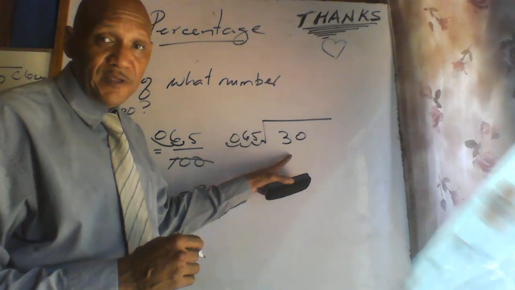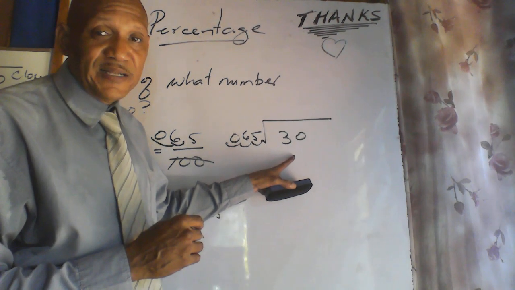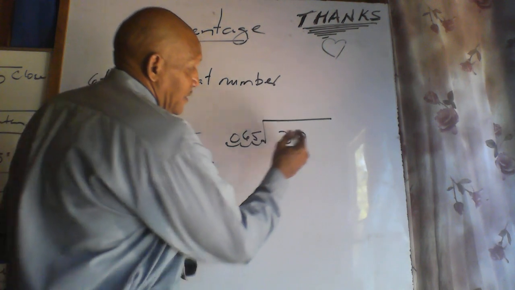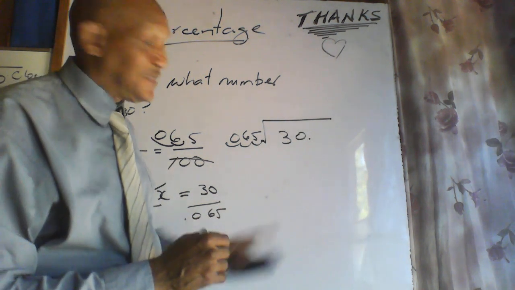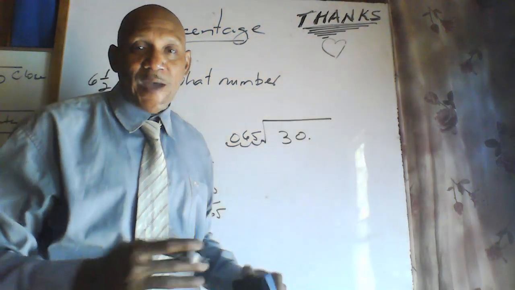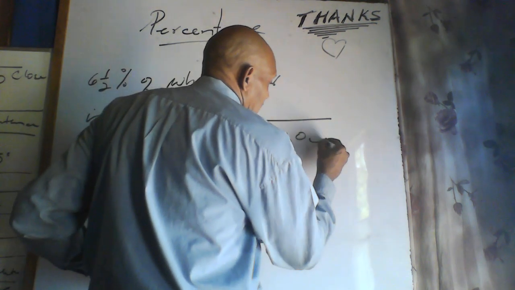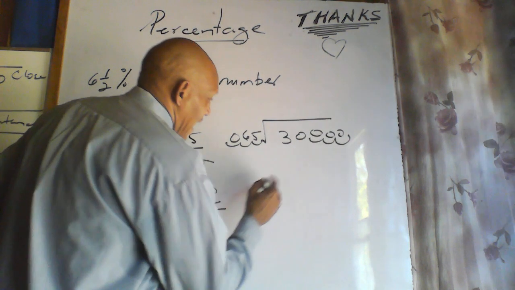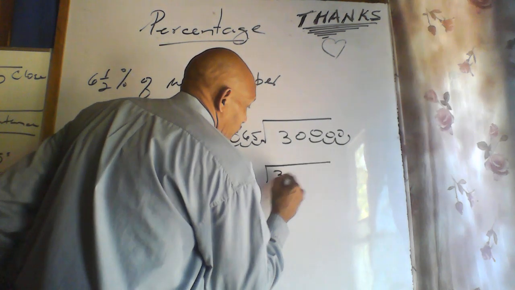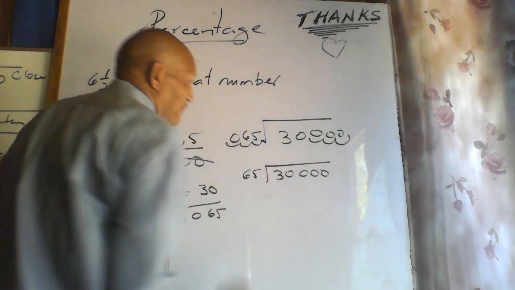Where is it here? This is a whole number, 30. It's understood that the decimal is behind the whole number. It's right here. So I move it 3 places. There are no places there, so I have to create places. 1, 2, 3. So now I have actually 30000 divided by 65.